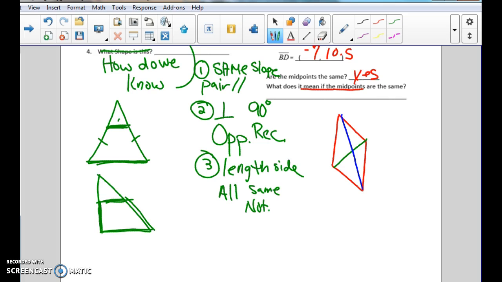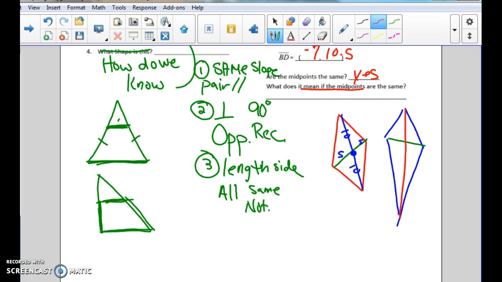So if the green one was 10 units, and I found the midpoint of it, then each side would be 5, correct? If the blue one were 20 units, and I found the midpoint, then each one would be 10, correct? Are you with me? So let's look at this shape right here. Are my diagonals going to be the same length?